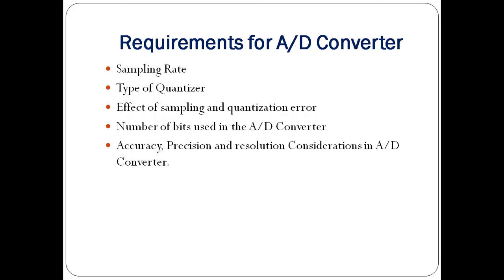What are the requirements for the A to D converter? When you take any analog to digital converter, the three steps which normally follow start from the sampling process, next quantization, and at last encoding. In the sampling process, the selection of the sampling rate is very crucial. Referring to the sampling theorem, choose the appropriate value for the sampling rate.